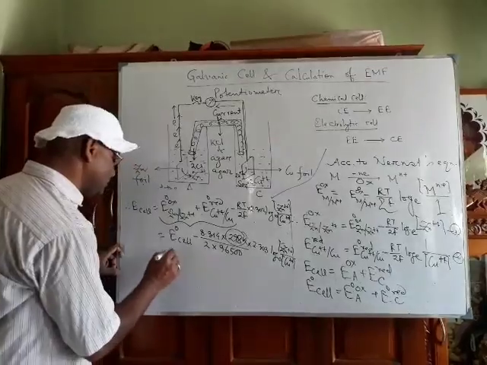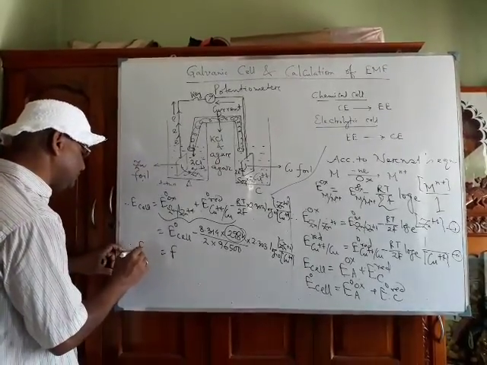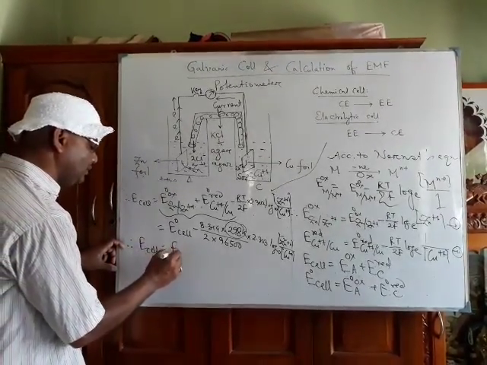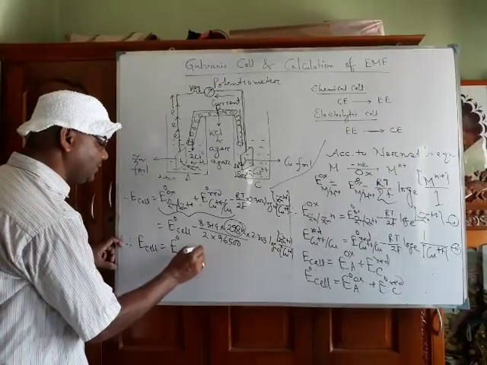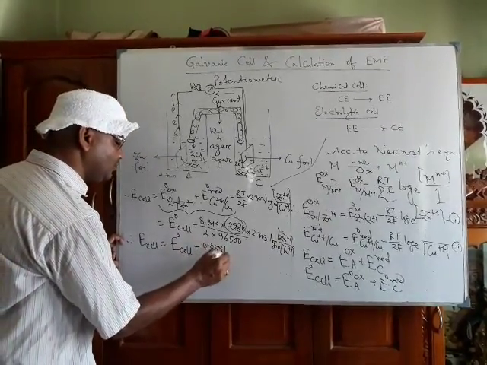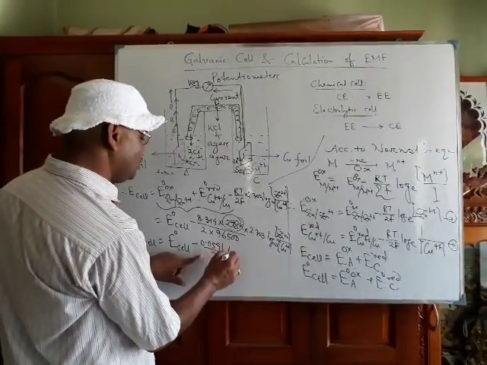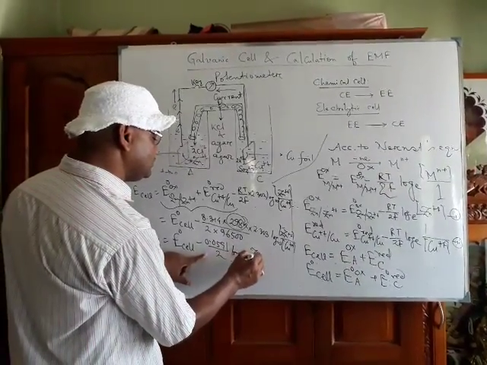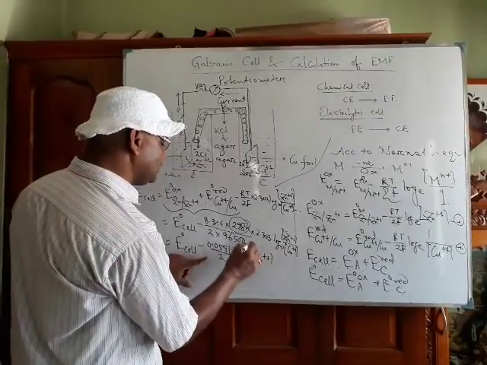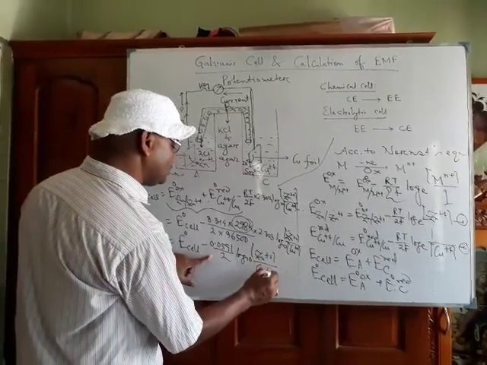So it becomes E cell will be E0 cell minus 0.0591 divided by 2 log base 10 zinc ion concentration divided by copper ion concentration.